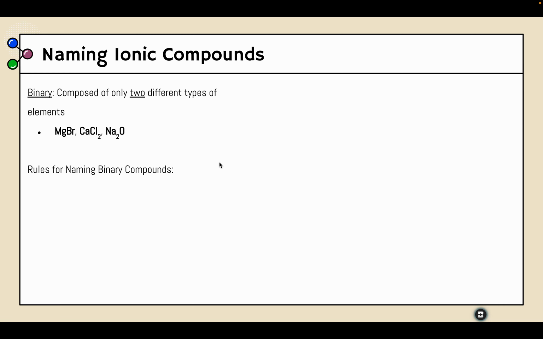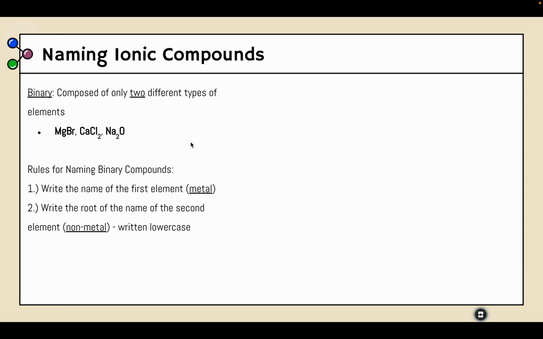When we're talking about naming binary compounds, we have 3 simple rules that we're going to follow. The first is we're just going to write the name of the first metal. If I was using magnesium and bromine, I would start off with a capital M, magnesium. The second is you write the root of the name of the second element, or the nonmetal.